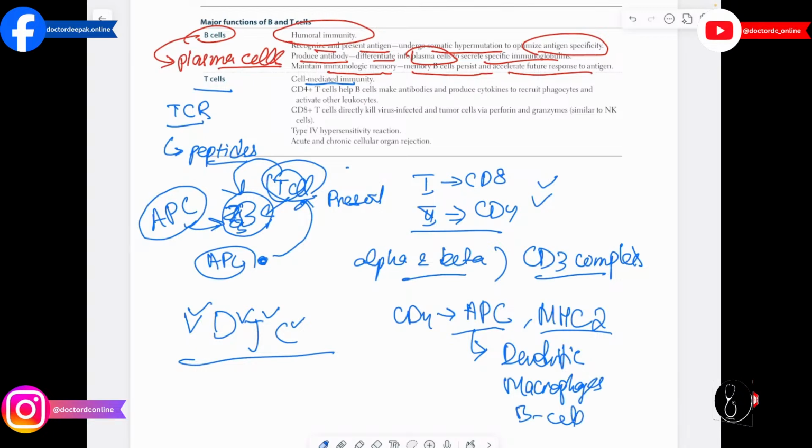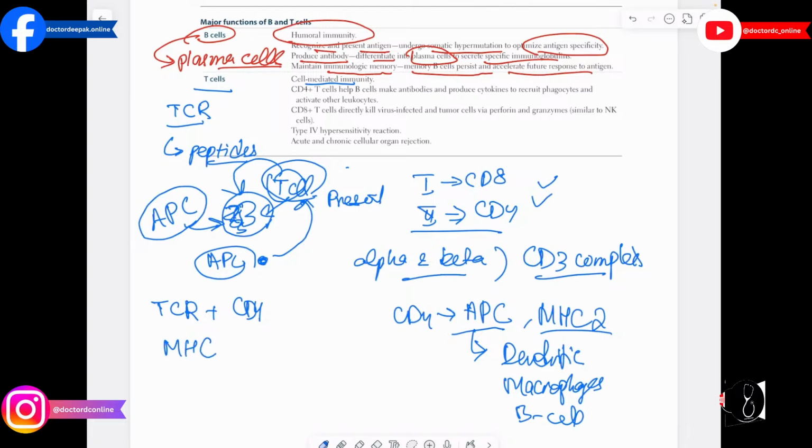MHC class 2 binds with the TCR and CD4 and is expressed only on antigen presenting cells. Two protein chains are there, alpha and beta. They bind the invariant chain in the ER, preventing binding of intracellular proteins. They must merge with the acidified lysosomes.